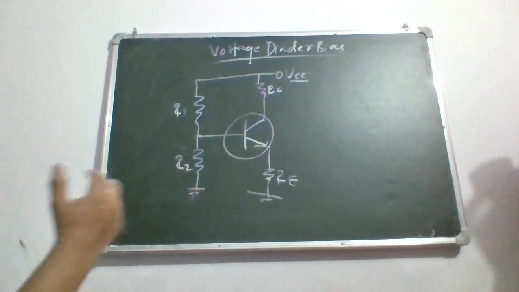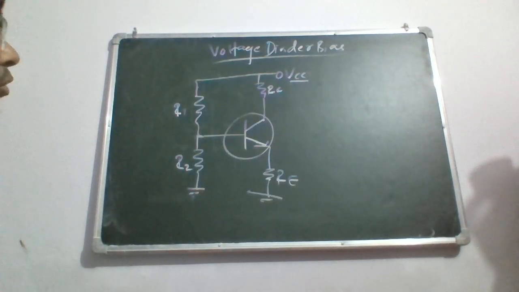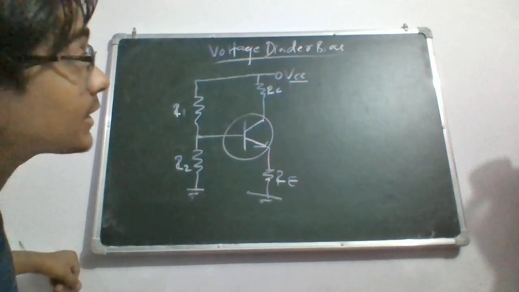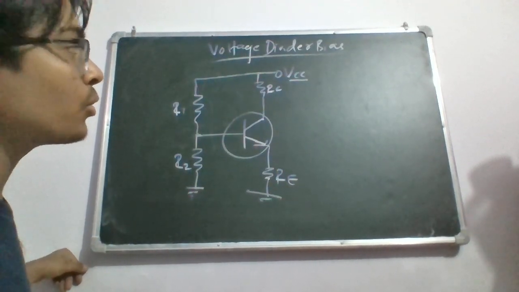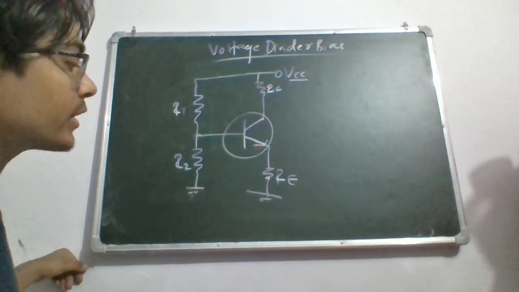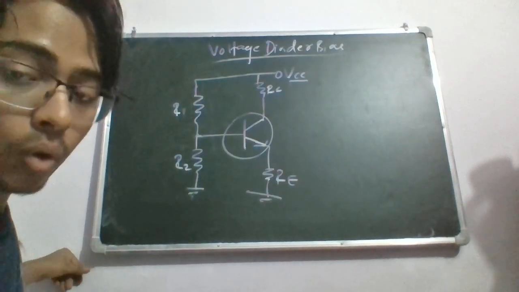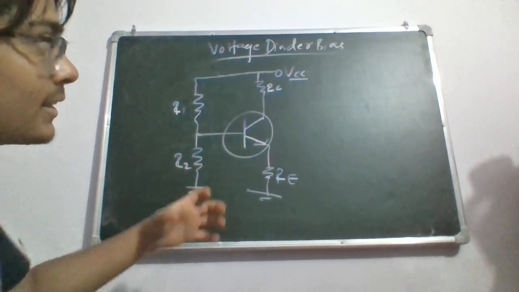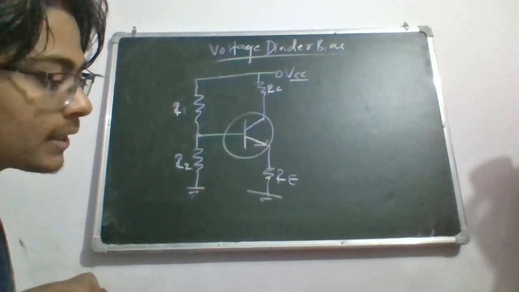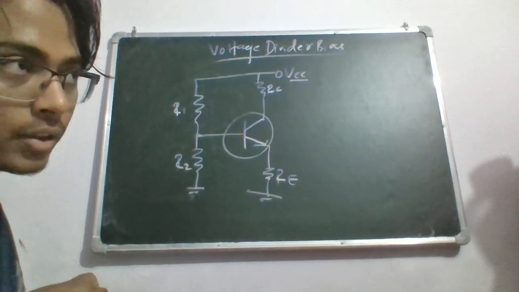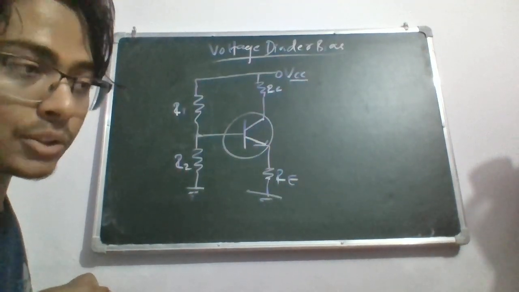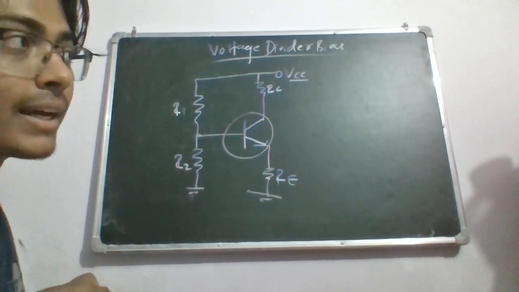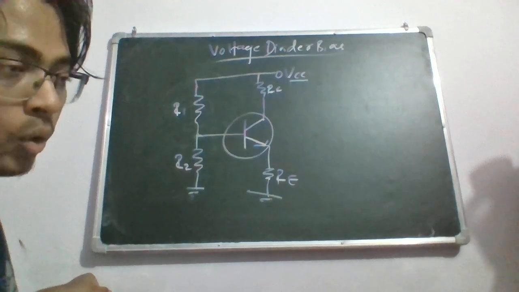Now this is a very popular biasing mechanism because it helps us to find the operating point, and to let that operating point be in the middle of the load line, as a result of which cutoff as well as saturation would not have any impact on the operating point.